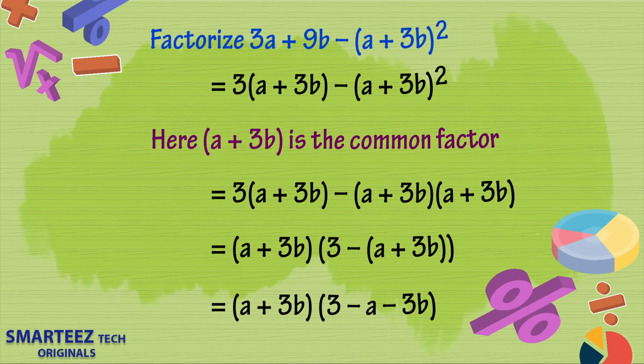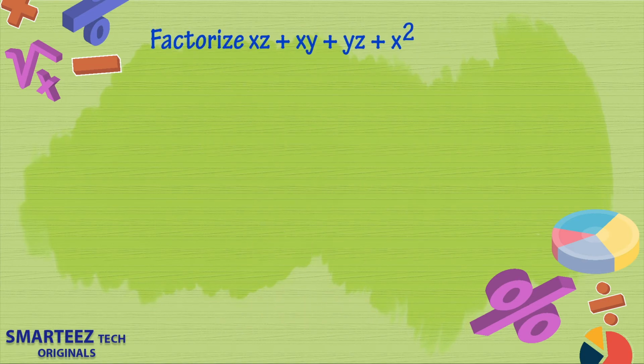Let's look at another type of problem. Factorize xz plus xy plus yz plus x squared. Solution. At first glance, it doesn't look like there are any common factors between the four terms. The way to factorize this expression is by rearranging the terms. Let's rearrange the second and third term here.